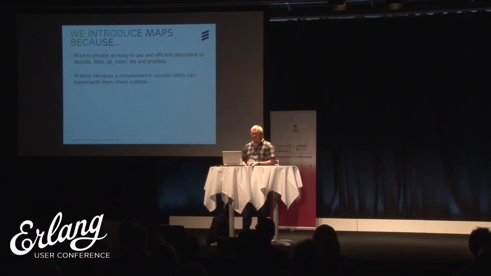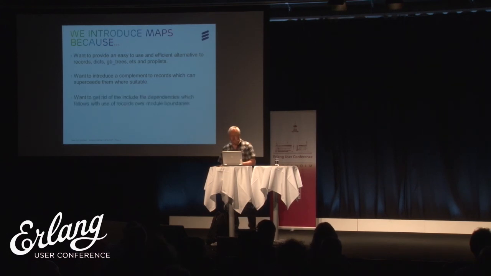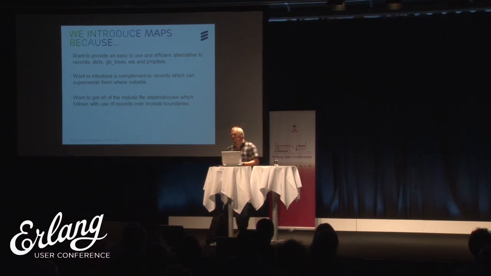We want to complement the record data types with something that can supersede them where suitable. And we want to get rid of the include file dependencies which you get into when you use records over module boundaries.